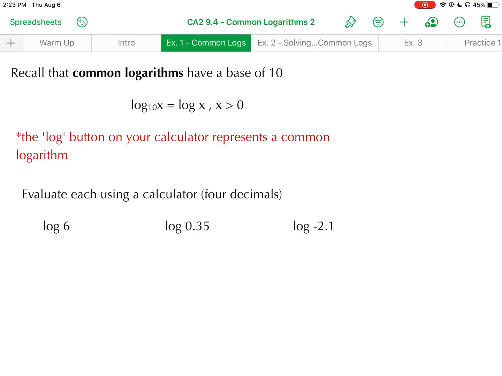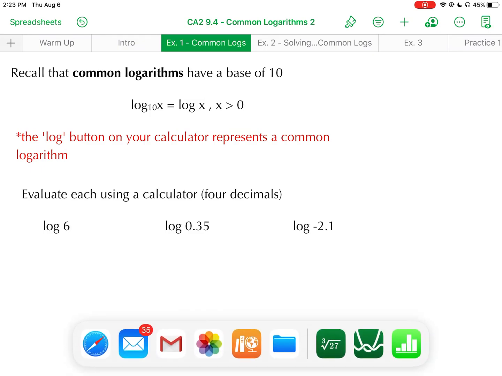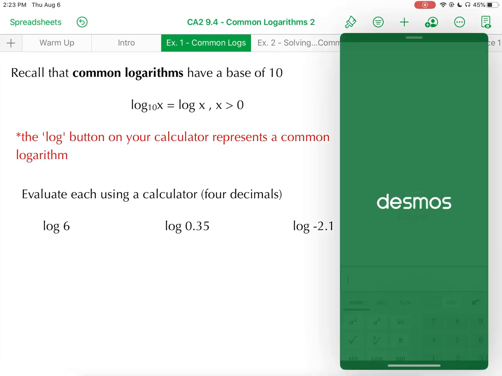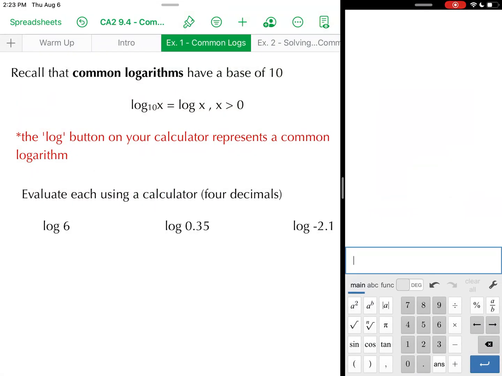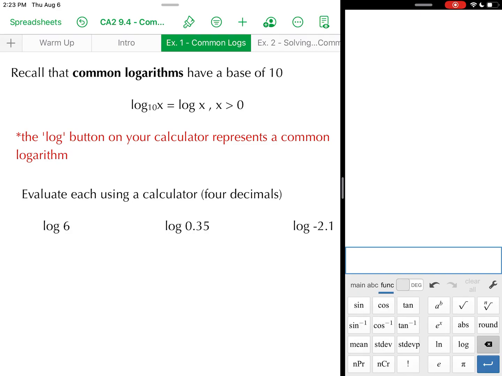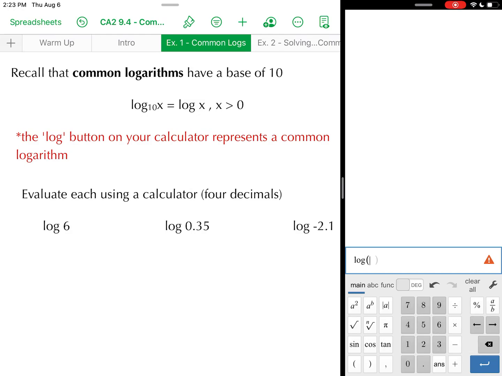You can use a scientific calculator, a graphing calculator, or I'm actually going to use Desmos. It's got a scientific calculator app. Here, to get the log feature, I have to hit function, and then you're just looking for log, and then we just want to punch in 6.